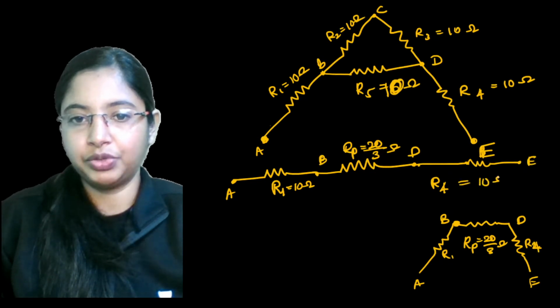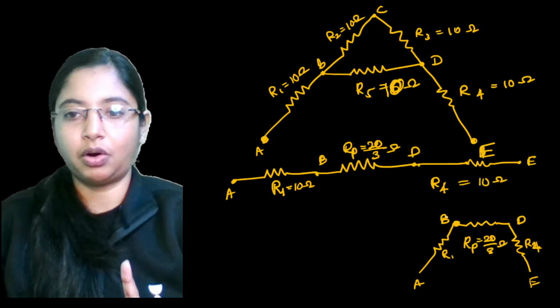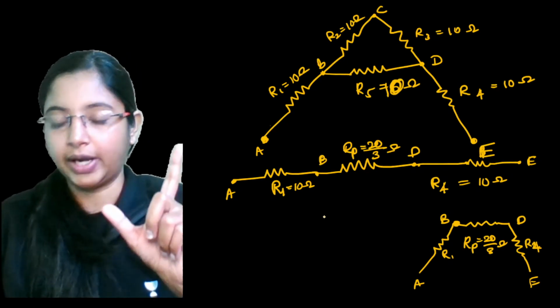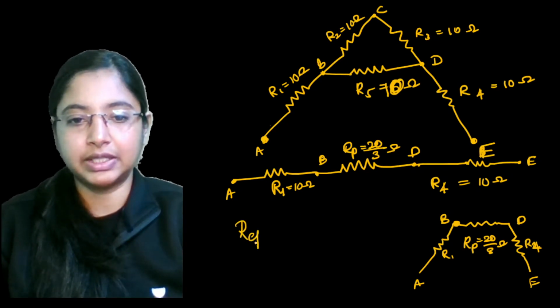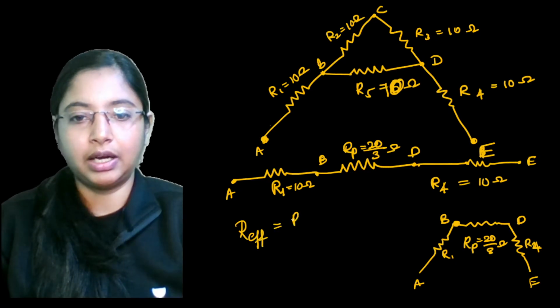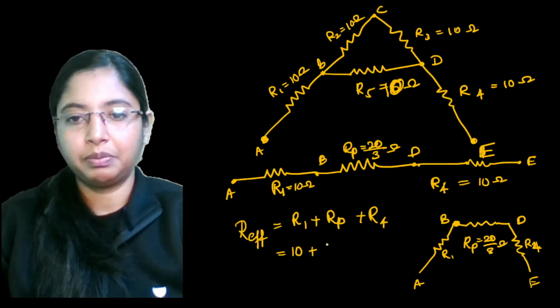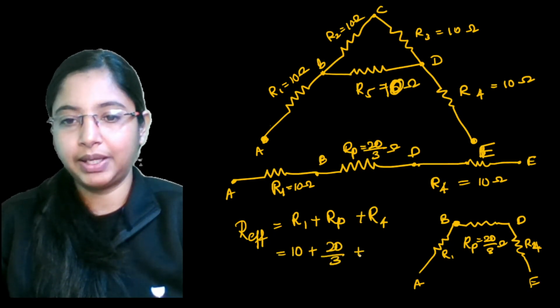10 ohms again. Now all of this can be taken as a series. So their effective resistance will be R1 plus Rp, the parallel combination, plus R4. So this is 10 plus 20 by 3 plus 10.